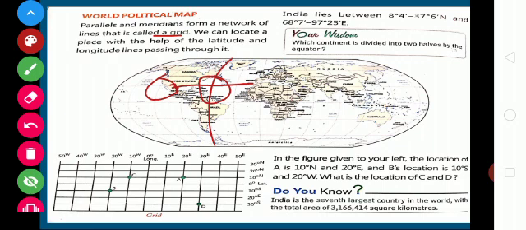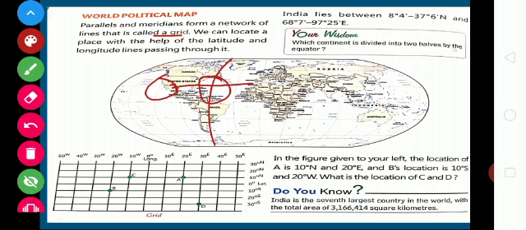We can locate a place with the help of the latitude and longitude lines passing through it. India lies between 8 degree 4 minute to 37 degree 6 minute north and 68 degree 7 minute to 97 degree 25 minute east. We have already read this in our 4th standard, in the lesson India and its neighboring countries.